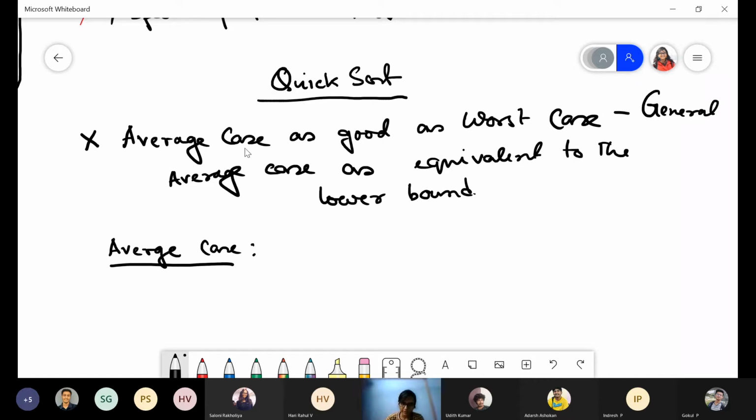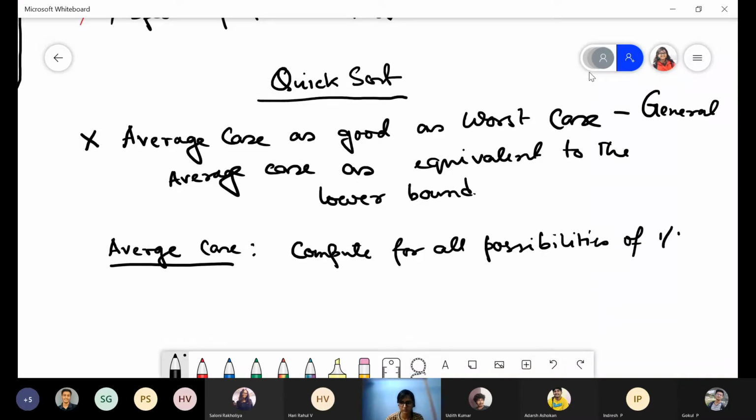So average case means basically you have to compute for all possibilities of input. Here, "all" is important.